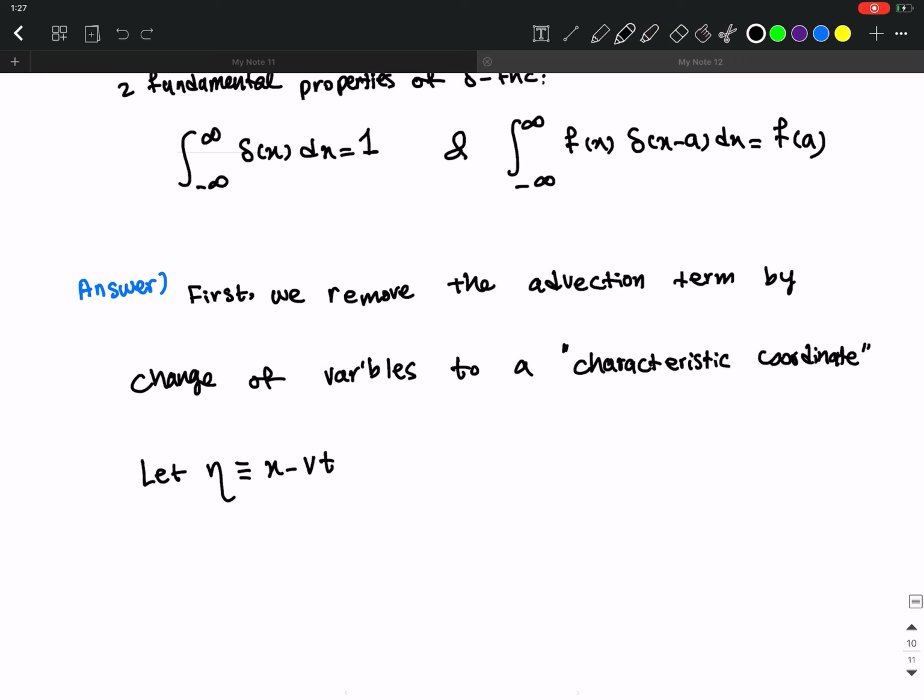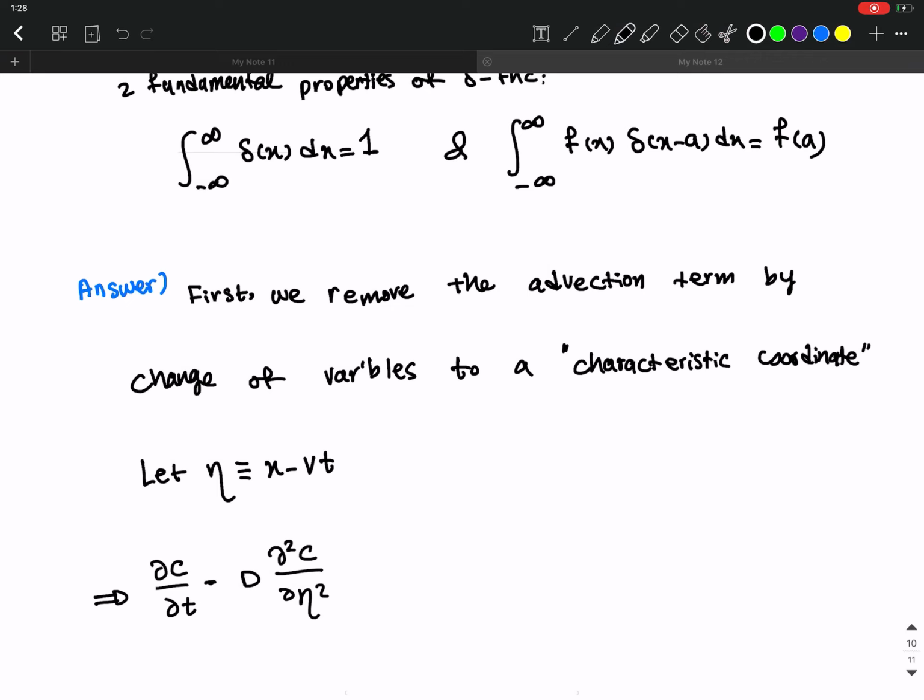So let me just rewrite the equations now in the new characteristic coordinate. It's going to be partial c over partial t minus D partial square c over partial eta square.